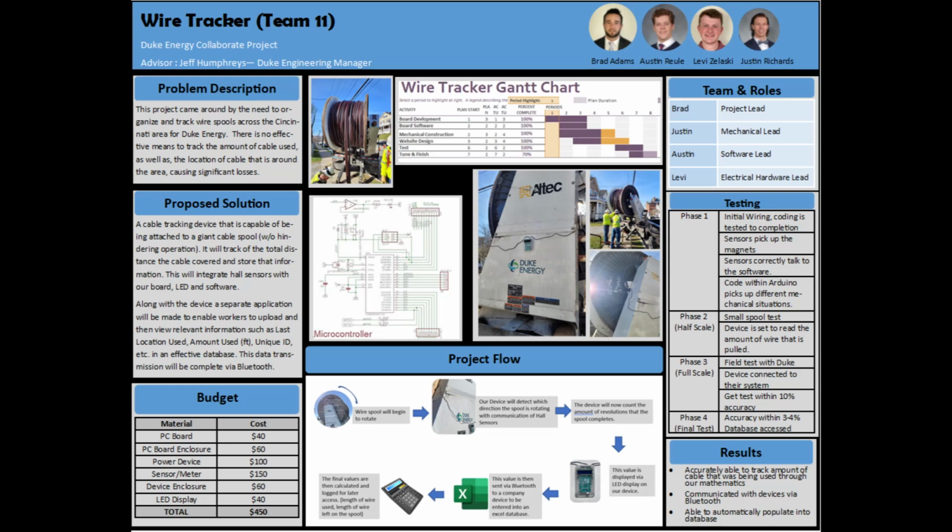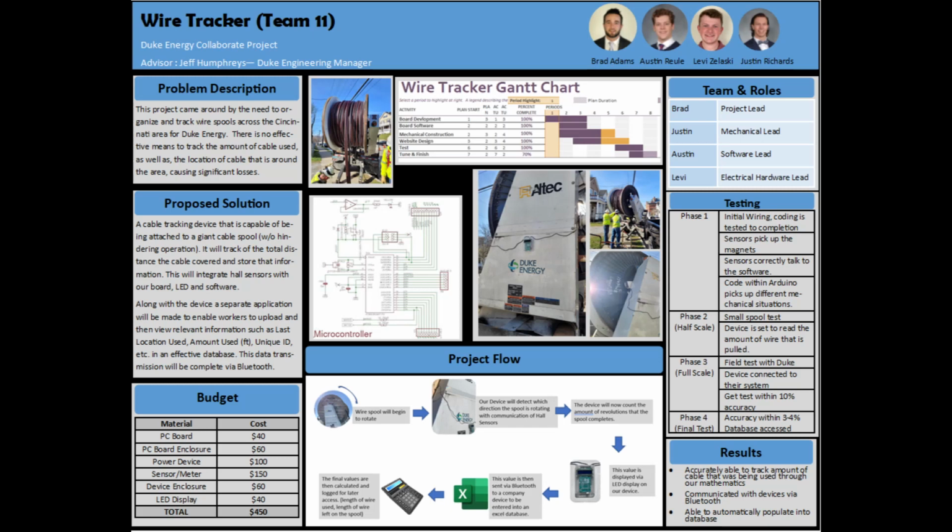And then for the sensors and the magnets that were used detecting the rotations, that ended up costing $150. And finally, the LCD display that was used set us back $40. This came out to $450 total for the entire project.